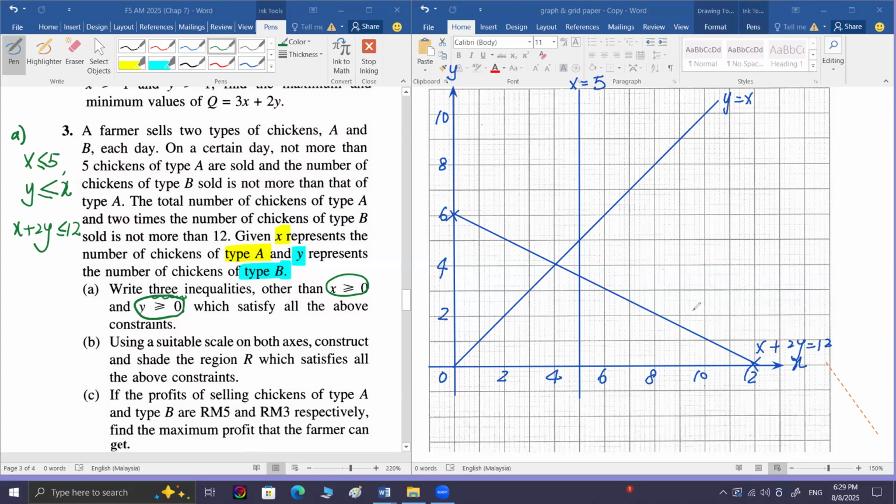Okay, so class, these two, x-axis and y-axis are given, so we just follow, same like just now. I'll show you again which part is out. So x smaller than 5 means this one is out. Next, y smaller than x means bawah, yeah? Bawah, so here is out.